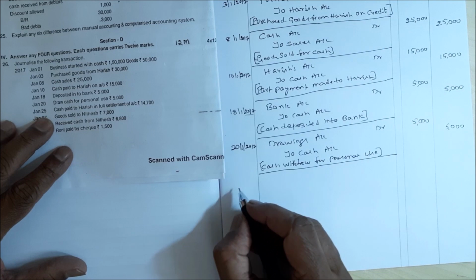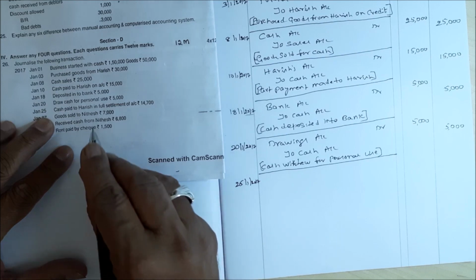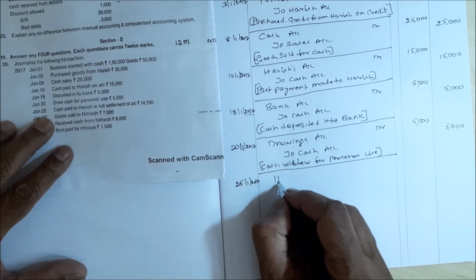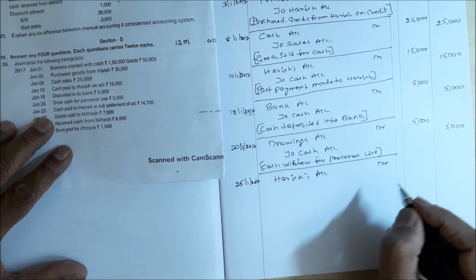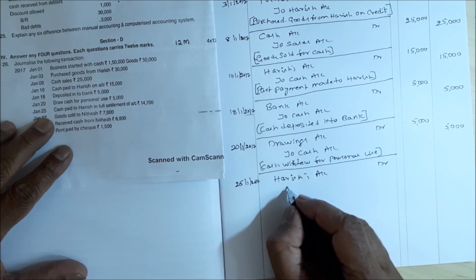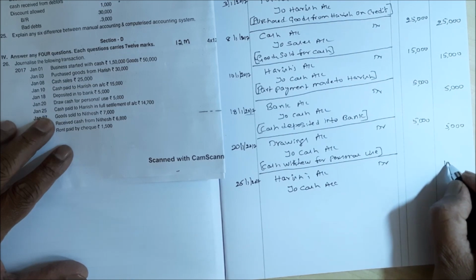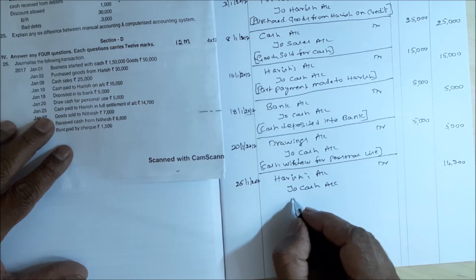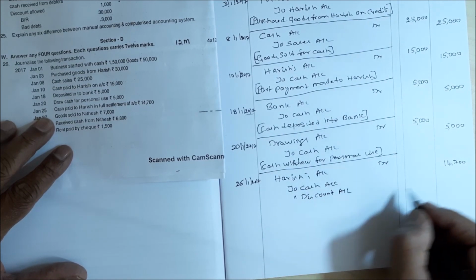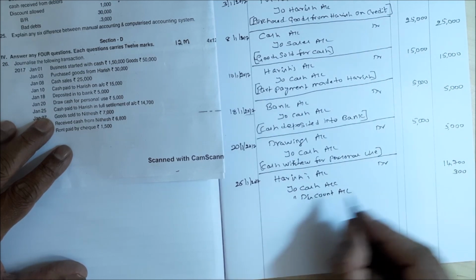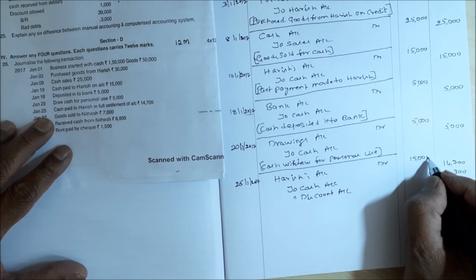So what you have to write is 25/1/2017, Harish account debtor, leave the amount first. You are paying cash, how much? To cash account 14,700, to discount account 300. 14,700 plus 300 comes to 15,000.